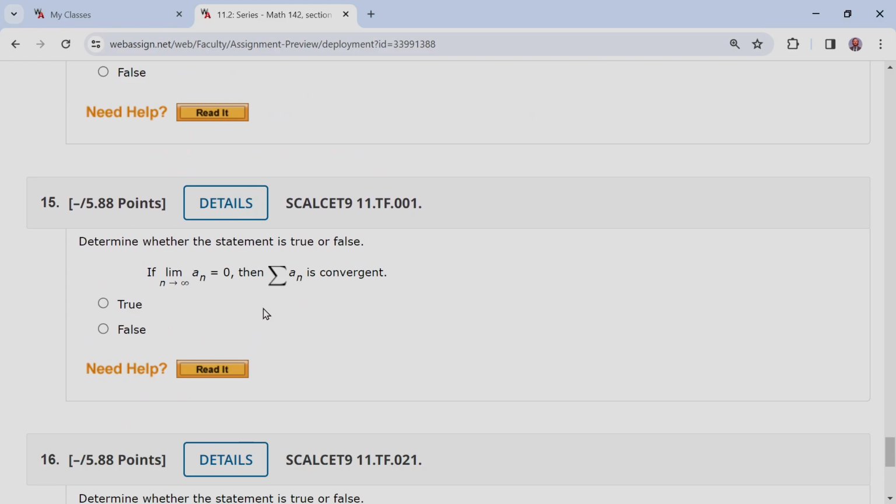I have seen this question on every single sequence and series quiz and test I have ever seen. It is pervasive, and it is astonishing how many students miss this. It is so counterintuitive to what you would expect a sum to do. Register this in your brain now. Save yourself the torment in the future.